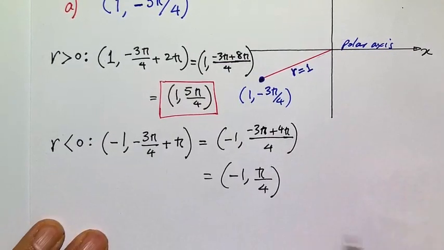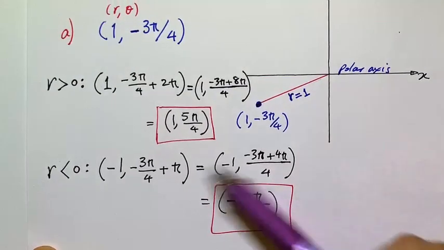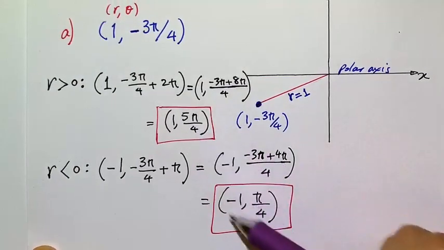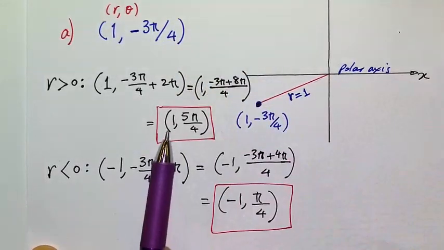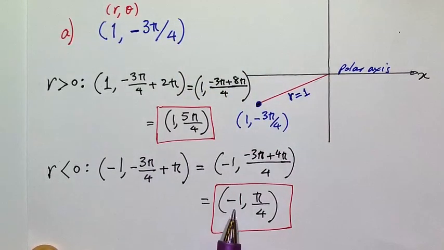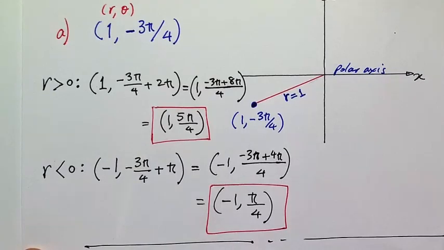Okay. So we found two pairs of coordinates for the original polar coordinates, one with r greater than 0, or positive, one with r negative here. Okay. Let's do another example.